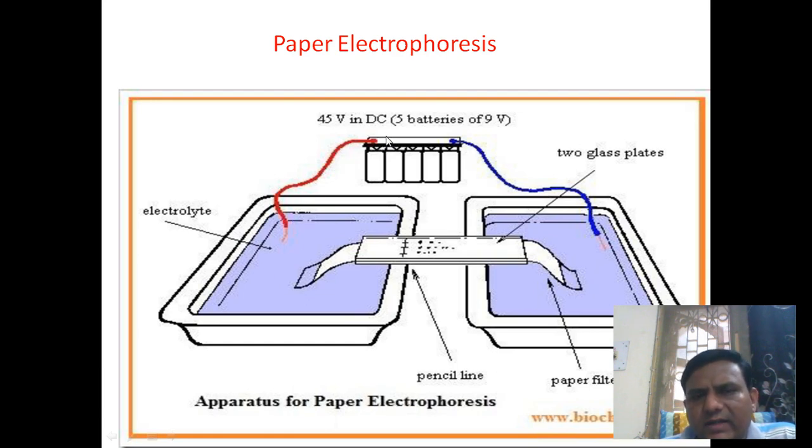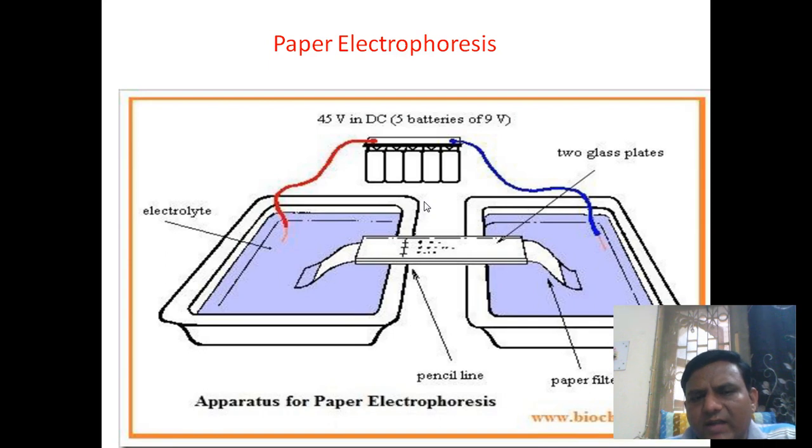After the equilibration of your paper with buffer, you can switch on the electric current. After the current is switched on, your electrophoresis process starts, and under the influence of the electric current, whatever molecules are loaded in that sample spot, some may have a negative charge, some may have a positive charge.